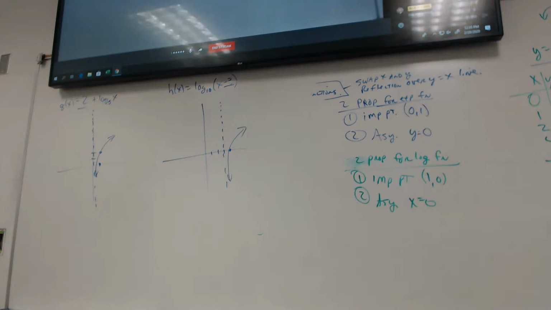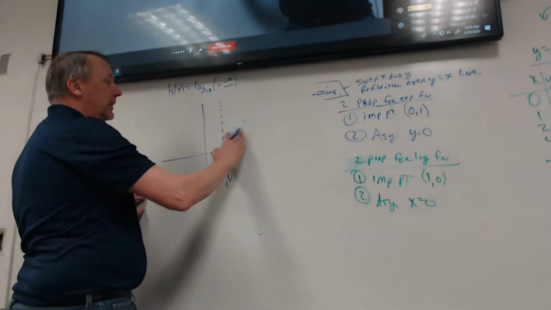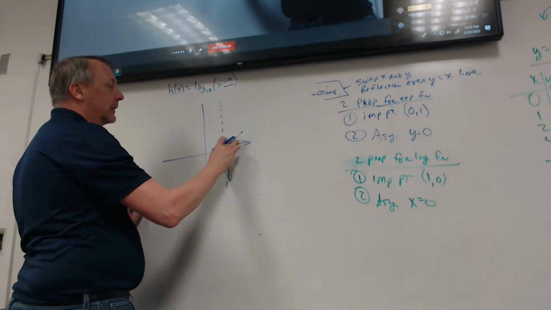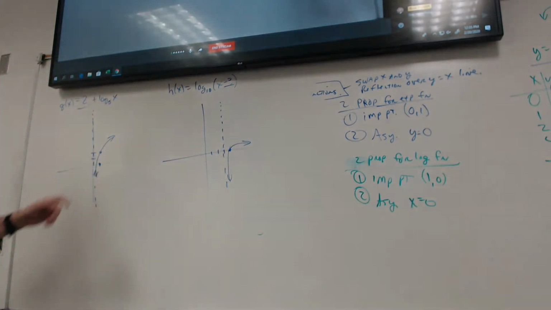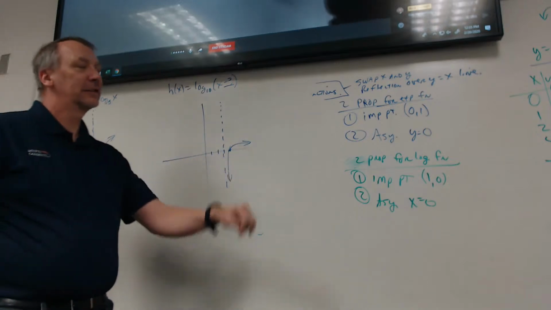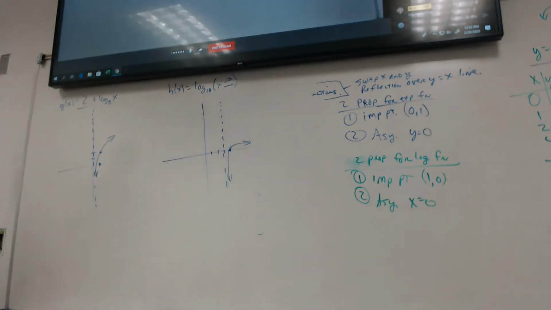Because of base 10. I'm not going to worry about that too much, but it'll definitely be steeper than this one. Is that what you meant, Nathan? Yes. So it's going to flatten off faster.